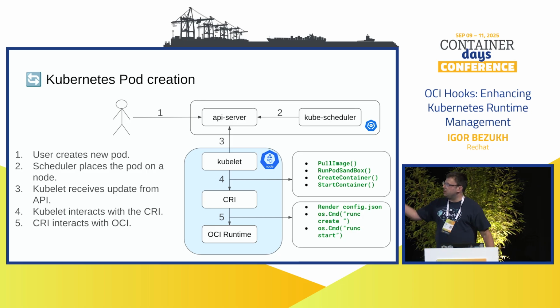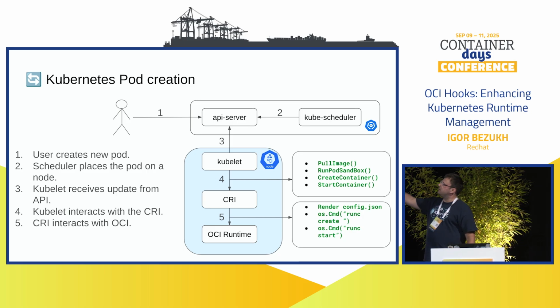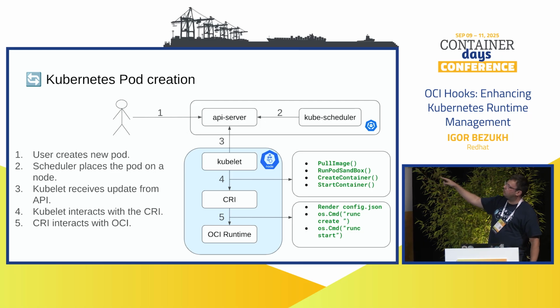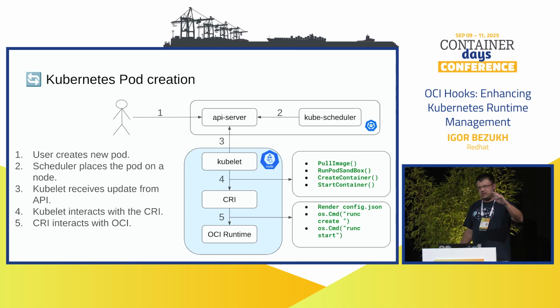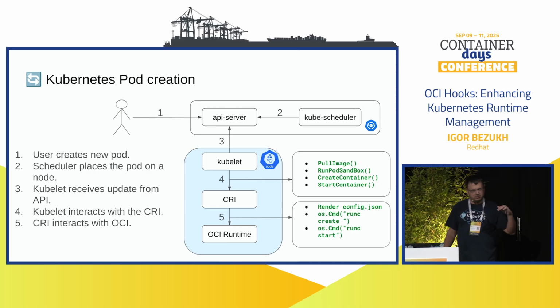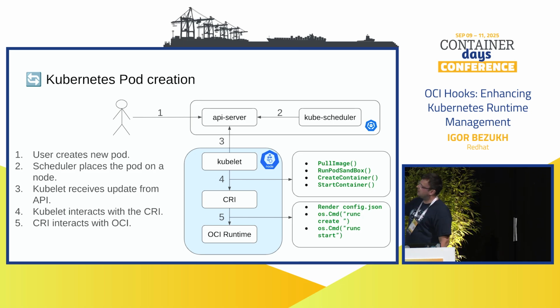It communicates with the container engine using the CRI API, and you can see these four bullets: pull image, run pod sandbox, create and start the container. It's the same way we saw previously how you run the container manually using CRI-O, right? So basically this is how it goes.